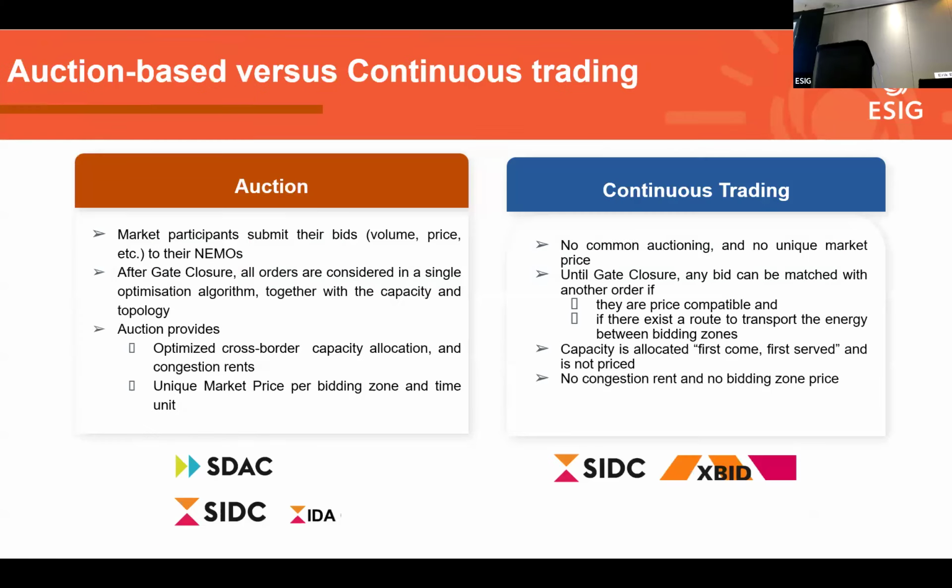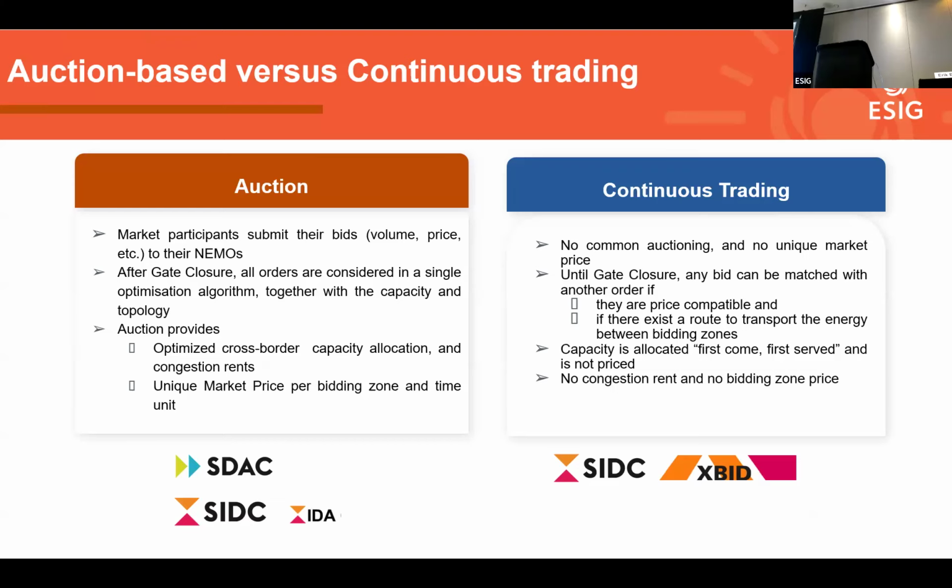But let's have a look at what continuous trading is in practice. In the US, you only work with auction through the unit commitment or through the schedule. Market participants that are willing to produce or to consume submit their bids. Let's keep it simple. It's just a volume and a price to their power exchange that they are willing to produce or to consume during the day.